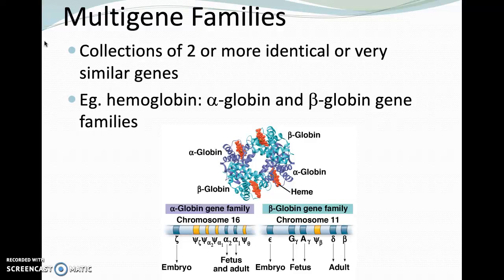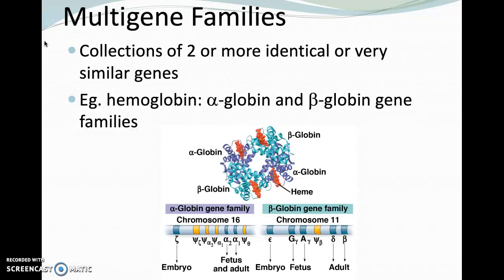In this case, if you look at the picture, you have alpha and beta on the left and then alpha and beta on the right. They're not identical, even though they're pretty much the same thing. The one's on the left, one's on the right. They're mirror images, so very similar, but not identical.